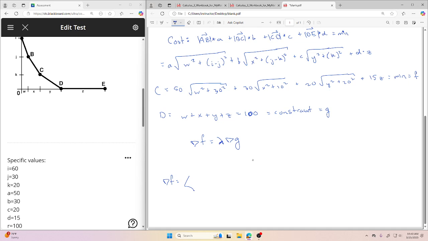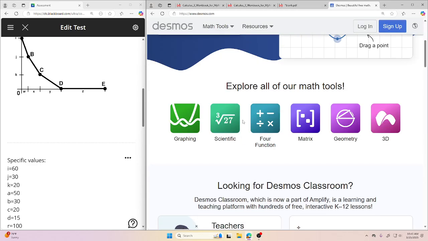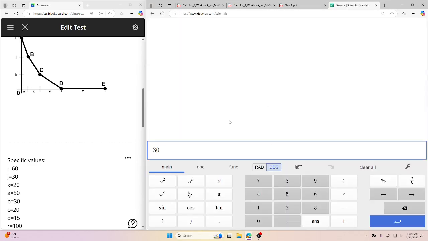So I'm going to look at the W side of things, this derivative here. See, I have a 1/2 power. So I'm going to bring that 1/2 to the front, leave the inside alone. What's 30 squared? 900, thank you. And now is it 900 or is it 9,000? I am going to verify, okay?